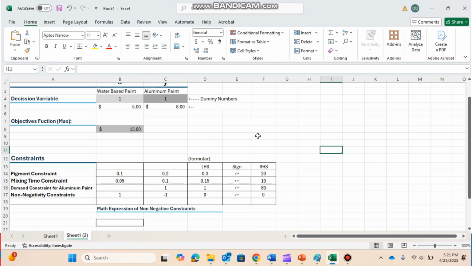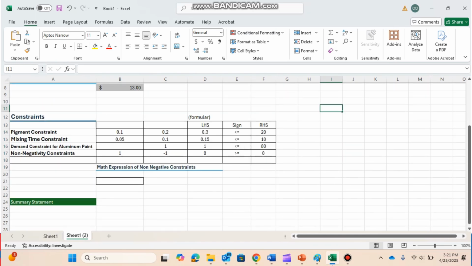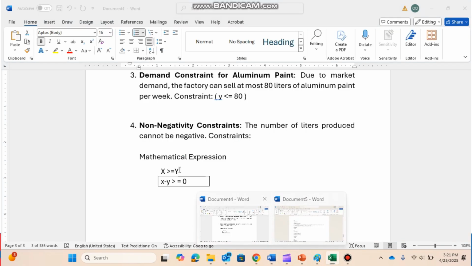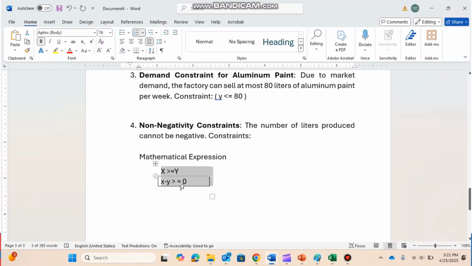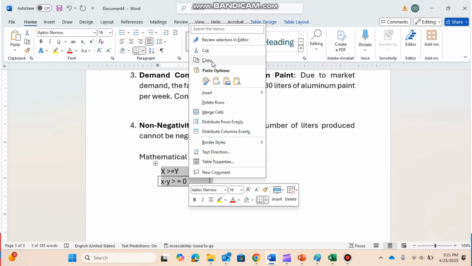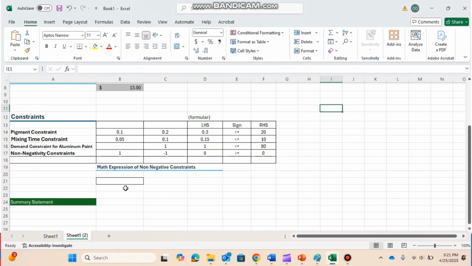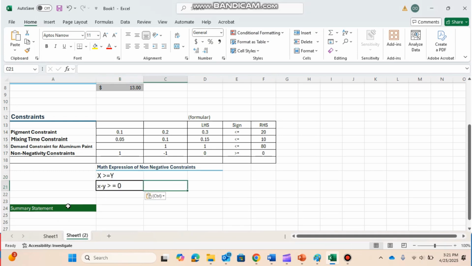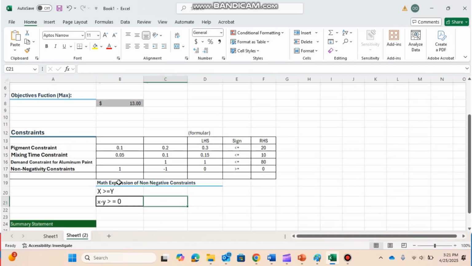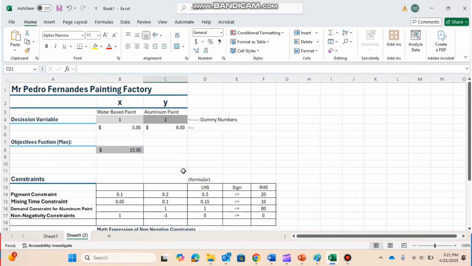Okay, perfect. Now we can bring this statement here so that it's easy for us to remember. Perfect. Now, there are powerful tools.